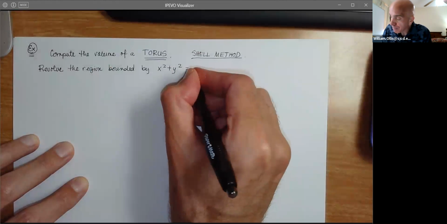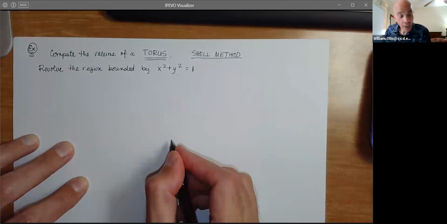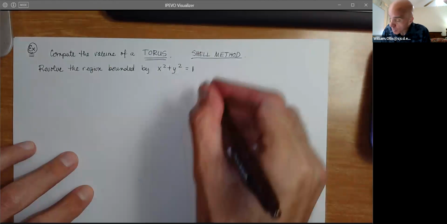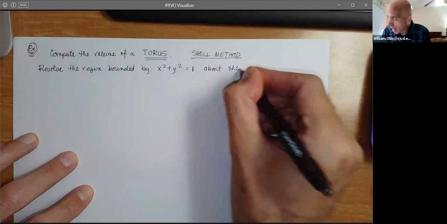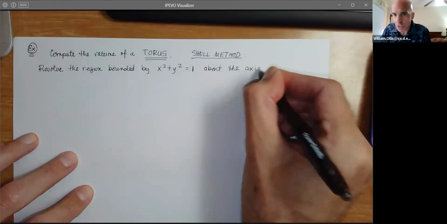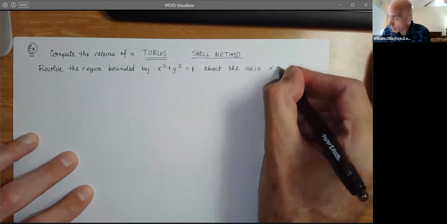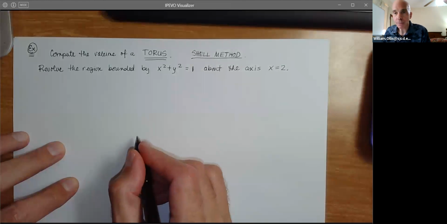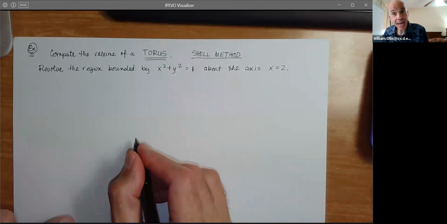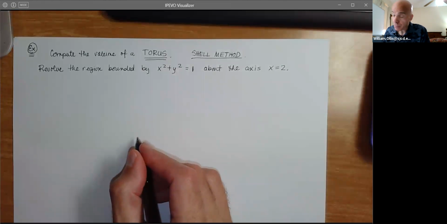Bounded by the unit circle about the axis, x equal 2, since I like to use that word, because we always have the axis of revolution. That's important. You change the axis, you get a different answer.